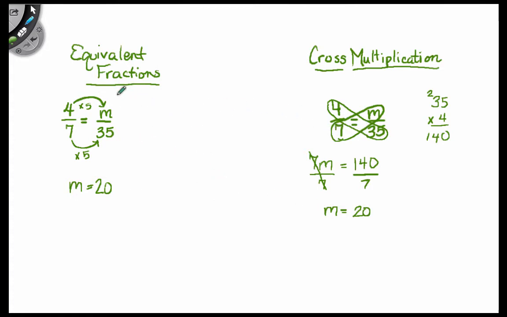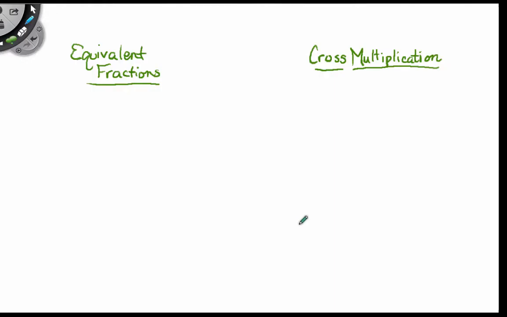And a lot of times, if you can do the equivalent fractions, do that because it will be easier, but there won't always be a number that you can get to by multiplying a whole number with. So sometimes the cross multiplication is necessary to do. We're going to go through two more examples. And for the two examples, I'm going to show you how you can do it with each strategy, with equivalent fractions and cross multiplication.